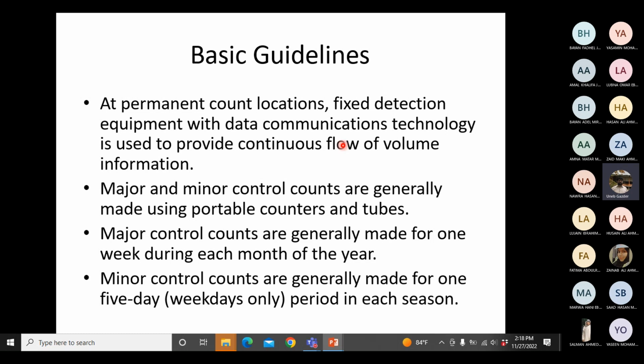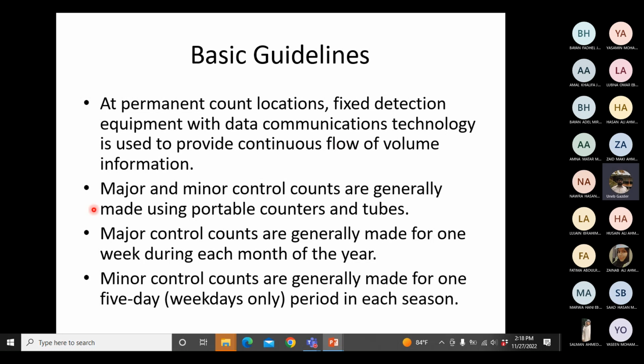So the data is collected and transferred through some channel to the control office, to the authority, or to the ministry directly. So we use permanent detectors on permanent control count locations, and those detectors collect data and transfer the data on a real-time basis without taking the detector to the office.